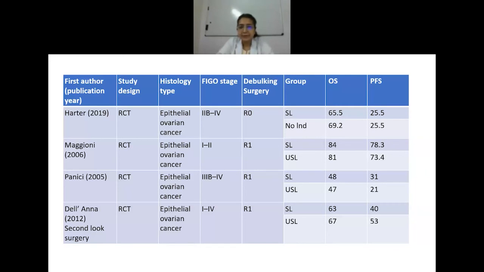There was no difference in OS and PFS. In Tennessee, in 2005, they included stage 3B and 4 patients with R1 resection. And they concluded that although there was a progression-free survival benefit, there was no benefit in overall survival. Delana did an RCT on second-look surgery, and they also did not find any benefit on overall survival and progression-free survival.